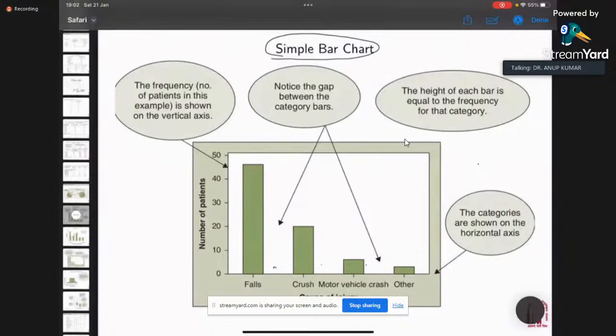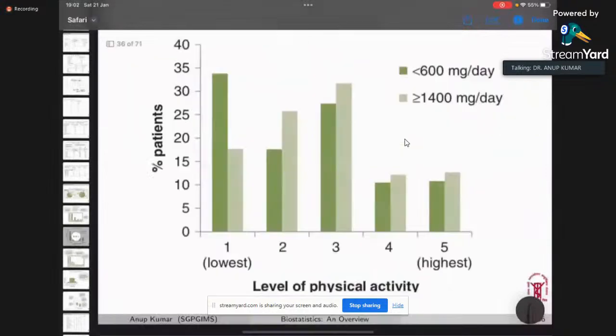These are the various categories: how many patients are there because of a fall, how many because of a crush, how many because of a motor vehicle crash, and other causes of injuries. So this is called the simple bar chart.